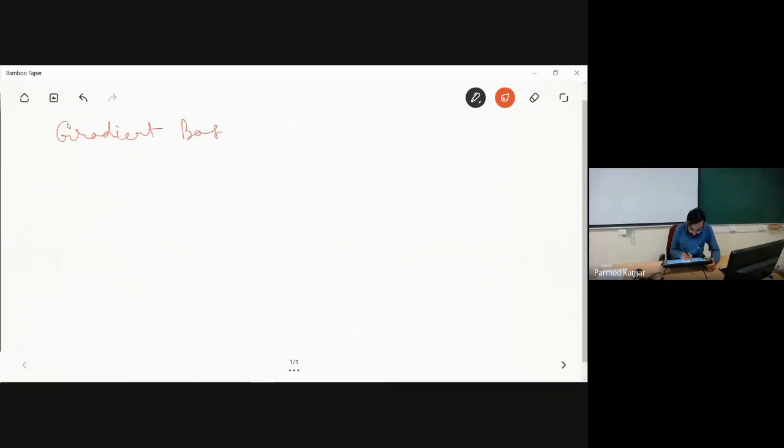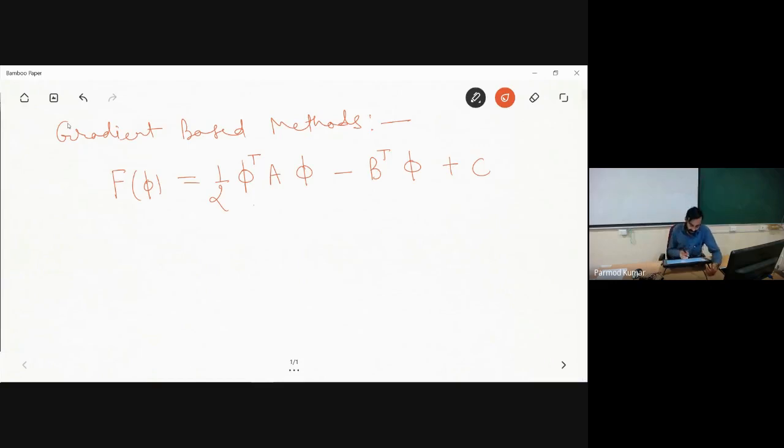In terms of gradient based methods, we came up with a function f of phi, which was defined as half of phi transpose A phi minus B transpose phi plus C. I told you that this function will be minimum when A is symmetric and positive definite. And what are the conditions for symmetric and positive definite? That also I told you in the earlier lecture.